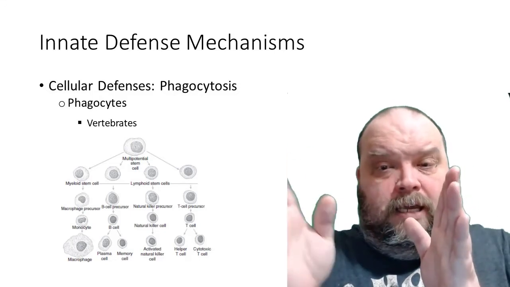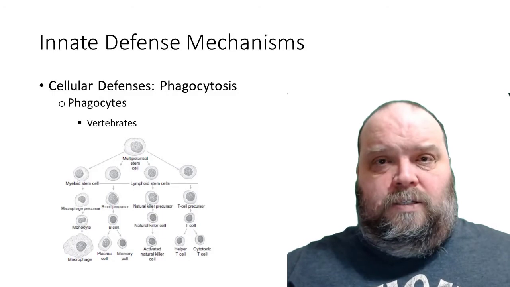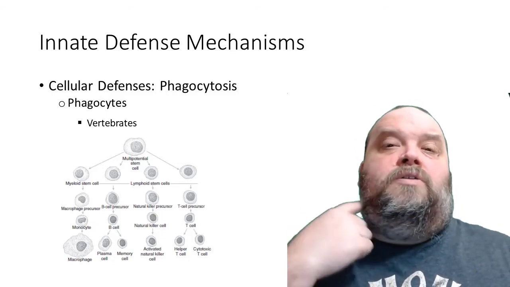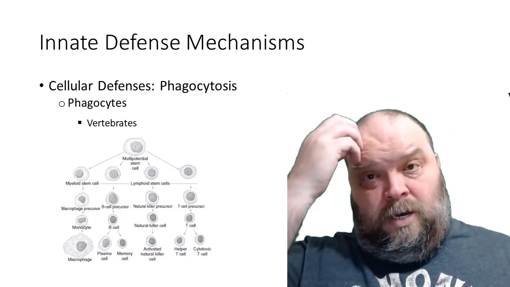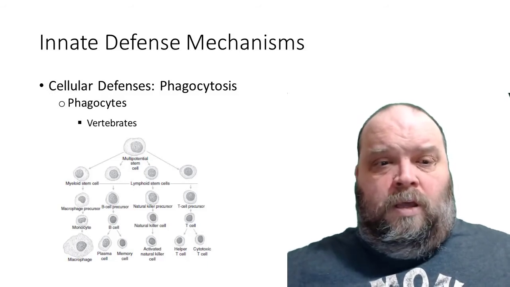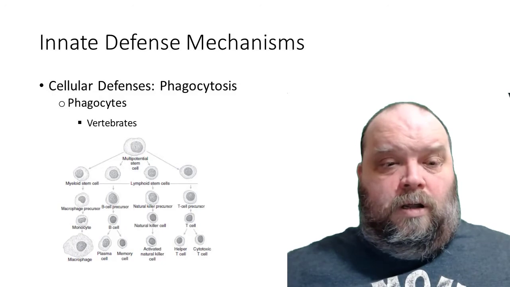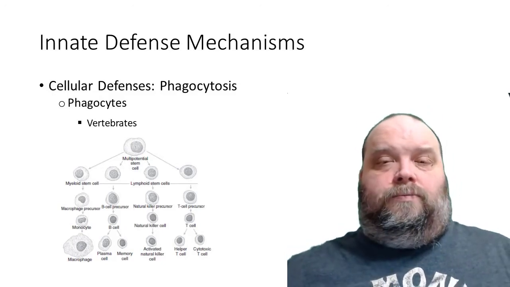The other lineage is going to become the lymphocytes. These are cells that we associate with the lymphoid organs, the ones below the jaw, the armpits, the groins, all through the mesentery in our abdominal cavity. These cells are going to develop, as we see, into what we call the B cells and the T cells.